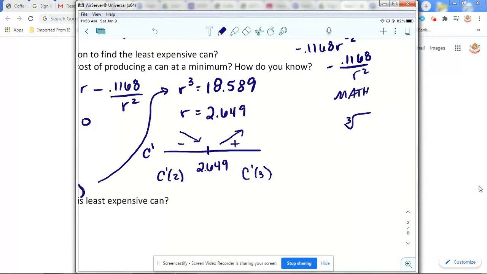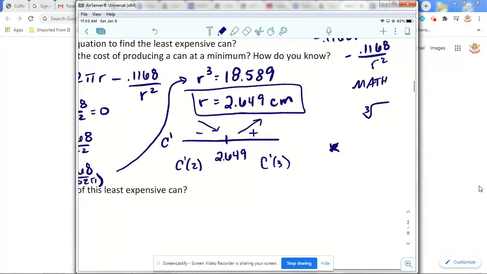So the radius that would produce the lowest cost is going to be a radius of 2.649 centimeters. Okay.